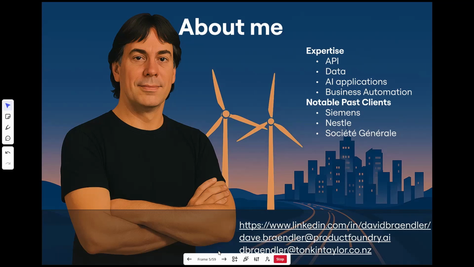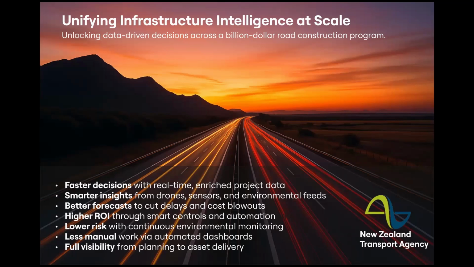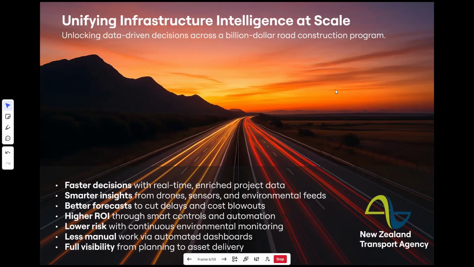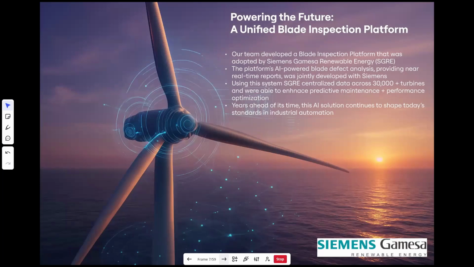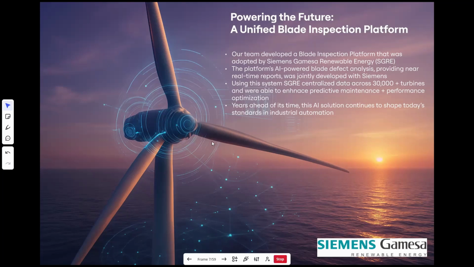So I've taken the opportunity of AI coming along to learn. And right now, I'm working on a multi-billion-dollar project building a road down in the south of New Zealand. That project is doing some really cool stuff. We've got some really cool data platform stuff on there. I've previously worked with Siemens, developing their blade inspection systems that takes the drone data from the inspections of the blades across their entire fleet of turbines.